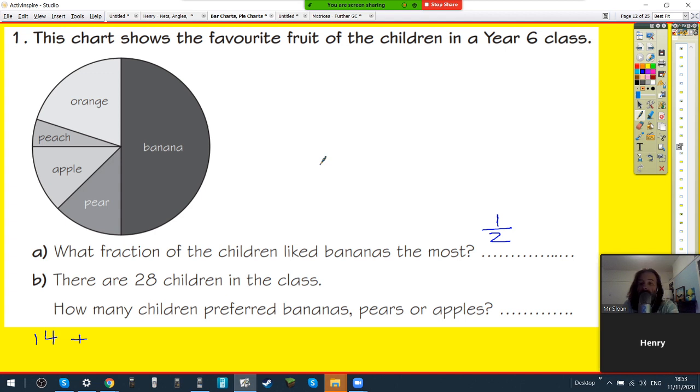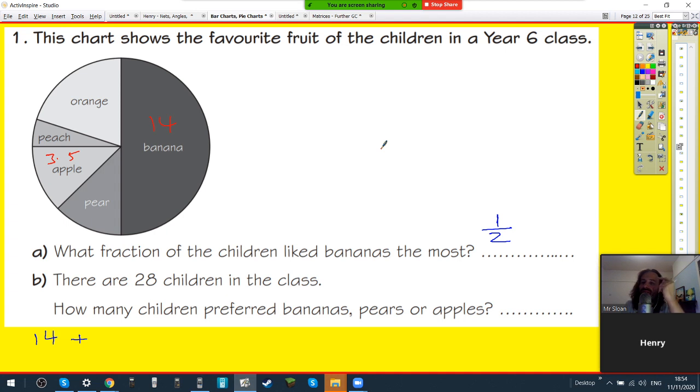Hold on. So banana is 14. How many is apple? Oh, you're right. Yeah, that'll be 3.5. But wait, does that mean that a kid was chopped in half? No, it doesn't mean that.